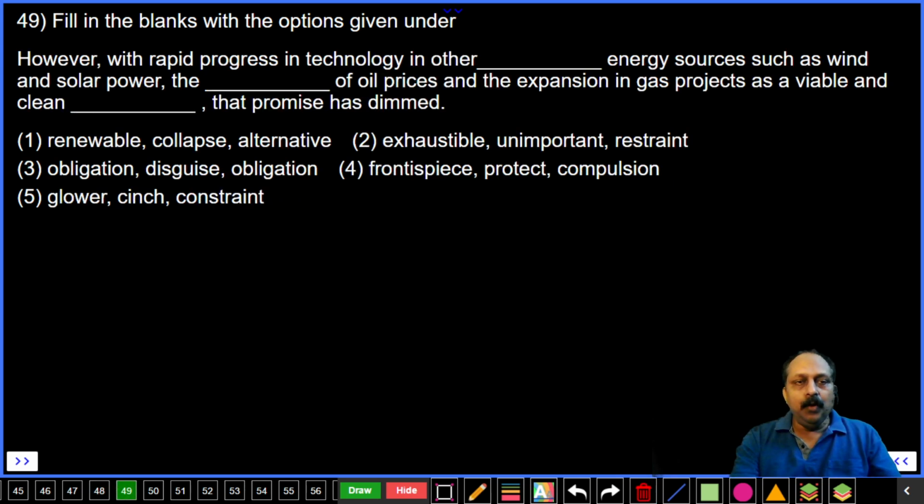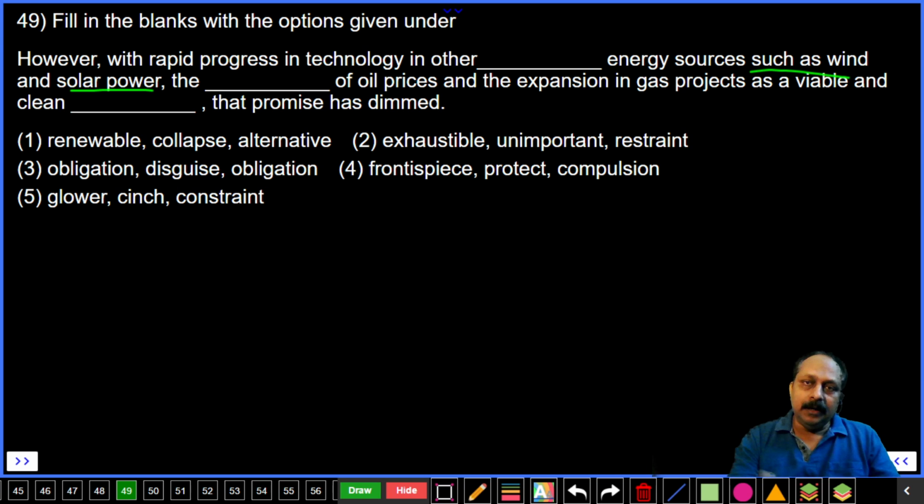49. However, with rapid progress in technology in other energy resources such as wind and solar power, and based on wind and solar power, you can decide. Today, we talk about energy resources. We use four terms: conventional, non conventional, non renewable, renewable. Conventional energy sources are non renewable, and they are traditional.